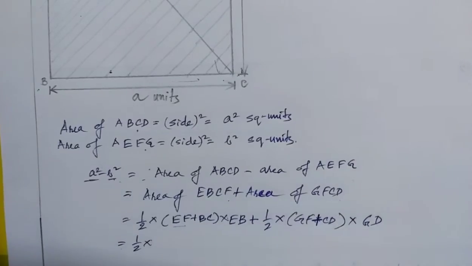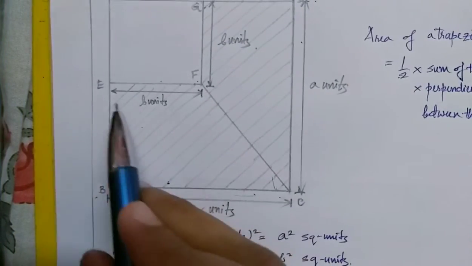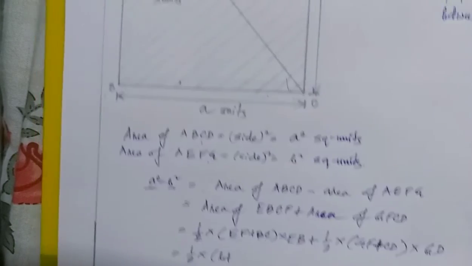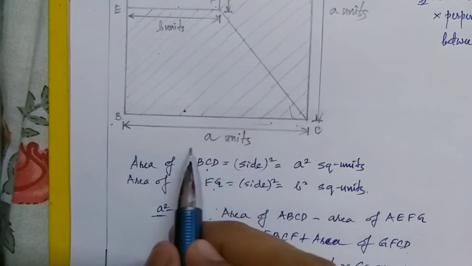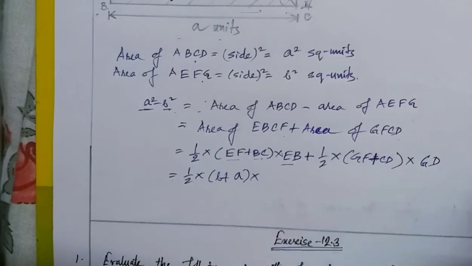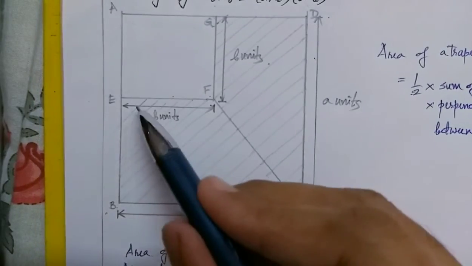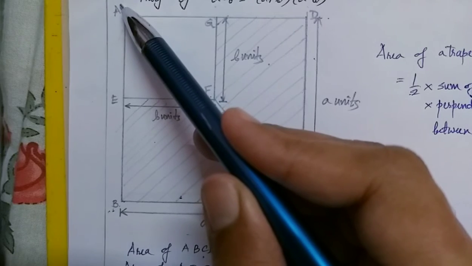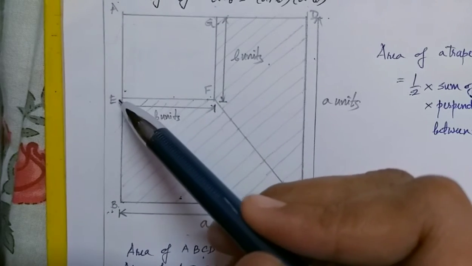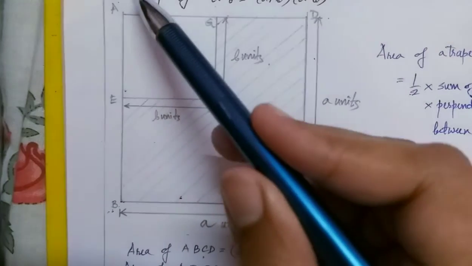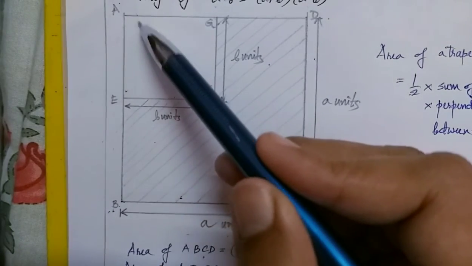Now EF is b units, so in place of EF I can write b, plus BC, which is a units, into EB. What is EB? The entire length is a and AE measures b, so EB will be a − b.